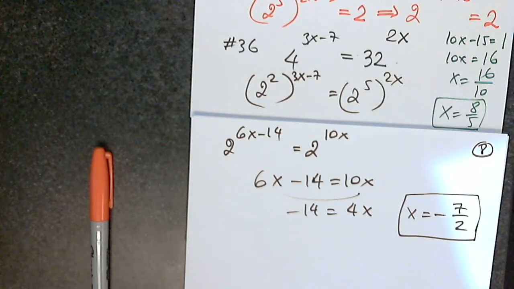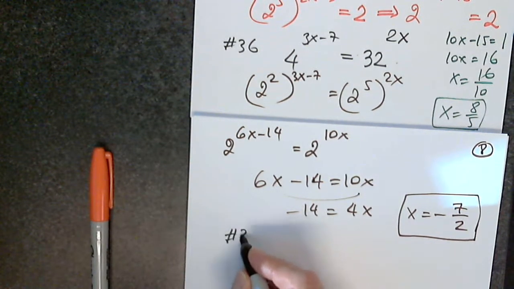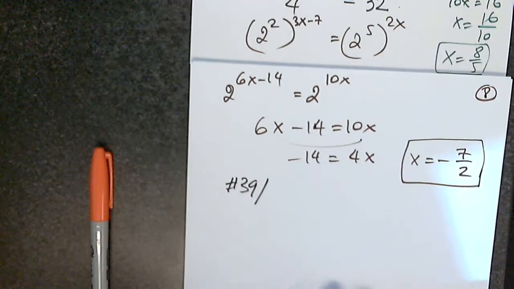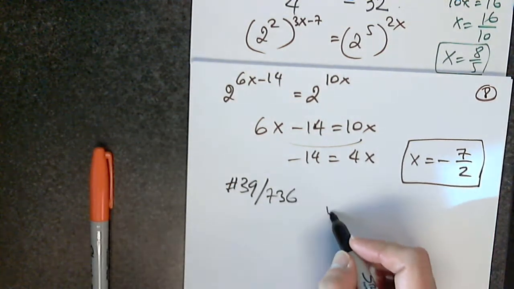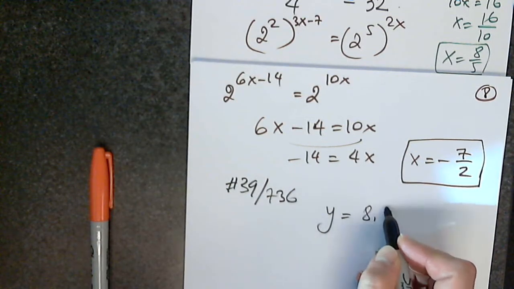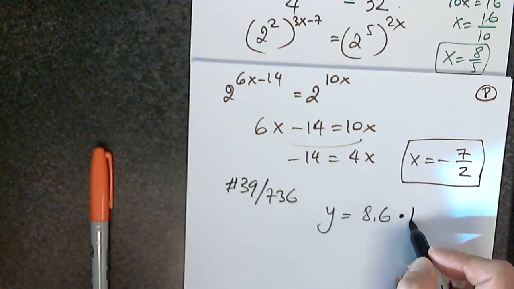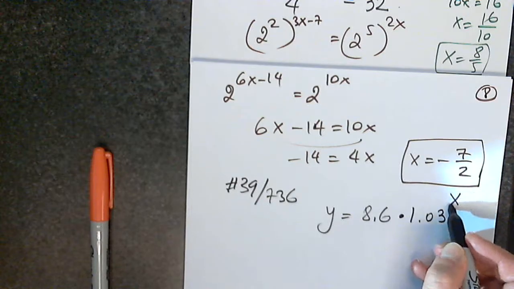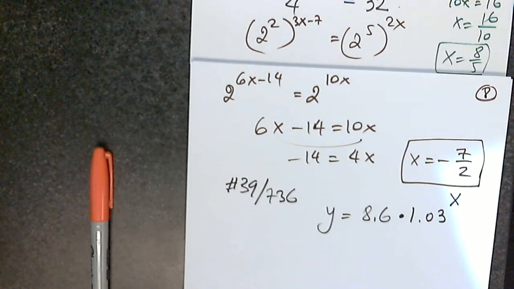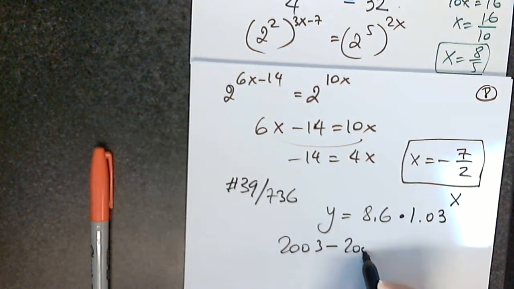Cheese production in the United States, problem 39, on page 736. Cheese production in the United States is currently growing at a rate of 3% per year. The equation y equals 8.6 multiplied by 1.03 raised to x models the cheese production in the United States from 2003 to 2009.